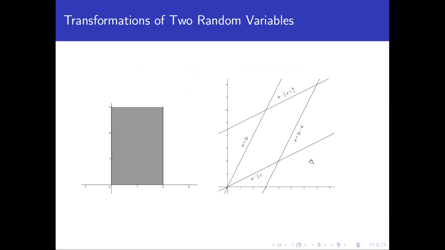This was the one that corresponded to y equals 0. And this one was the one that corresponded to y equals 3. So notice this rectangle ends up getting transformed into a parallelogram. We'll talk more about how we do some examples of these in class, but I wanted to give you an example of where we were going so that we can concentrate on just doing the examples in class.